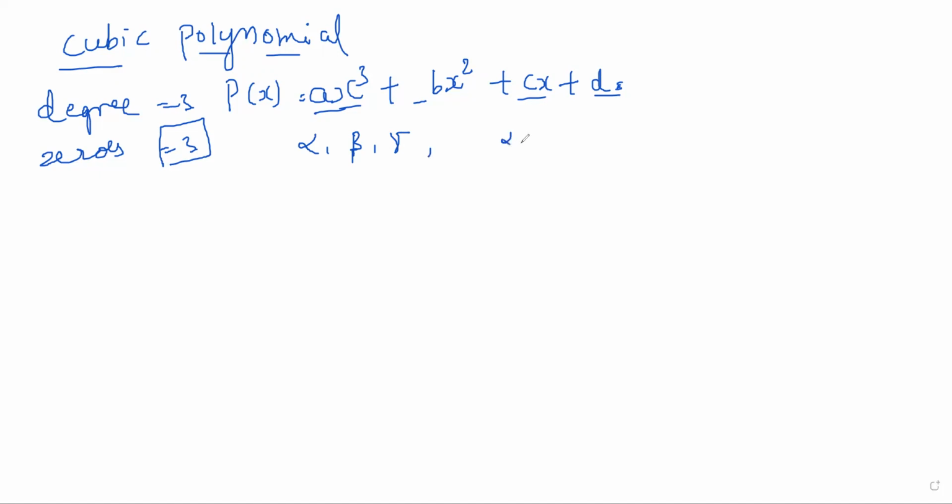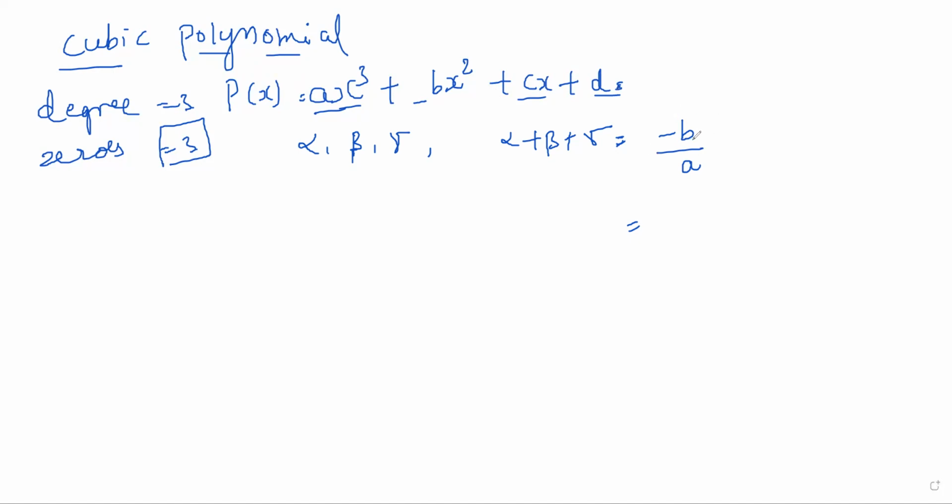Then what is alpha plus beta plus gamma? The sum of zeros is equal to minus b by a. The values of a and b depend upon the type of the polynomial.